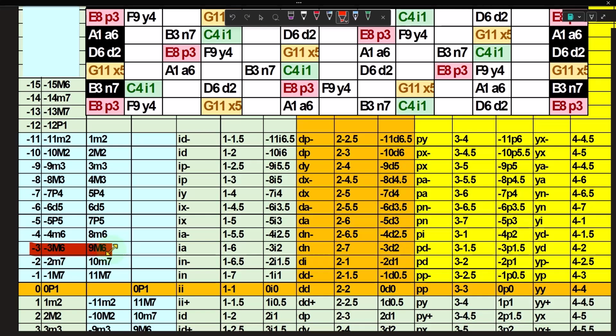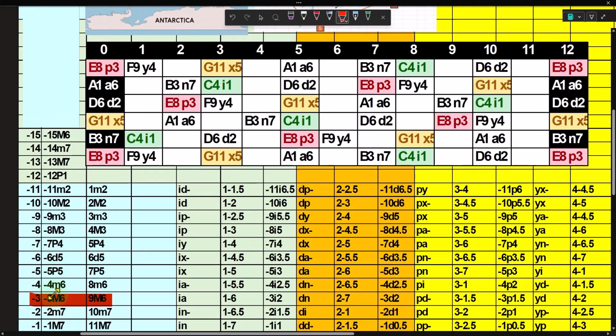There's 12 steps, so 12 minus 3 would be 9. And then I have to know that 9 forward would be a major 6. So that means that the major 6 could be 9 forward or -3 backwards. And it could also be -3 minus an octave, or -3 minus 12, or -15 backwards.